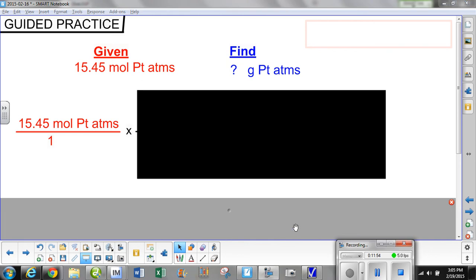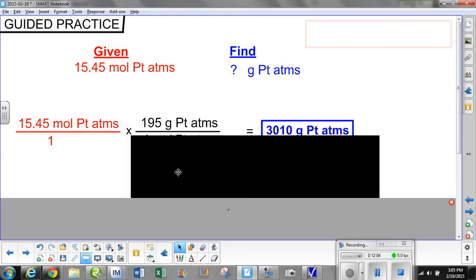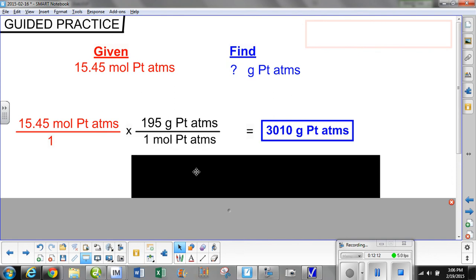So what we're doing now is we're asking a student about what that next fraction is going to look like, and the reply came back as 1 gram on the top. Well, this number comes from the periodic chart. So the 195 is what's on top, and the 1 mole is on the bottom, as you suggested.